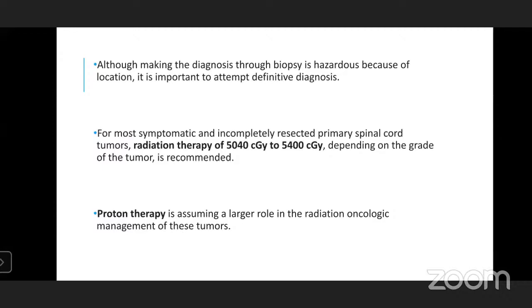For most symptomatic and incompletely resected primary spinal cord tumors, radiation therapy of 5040 to 5400 centigray, depending on the grade of the tumor, is recommended. A newer modality, called proton therapy, which uses proton beams instead of conventional X-ray or electron, is assuming a larger role in radiation oncologic management.